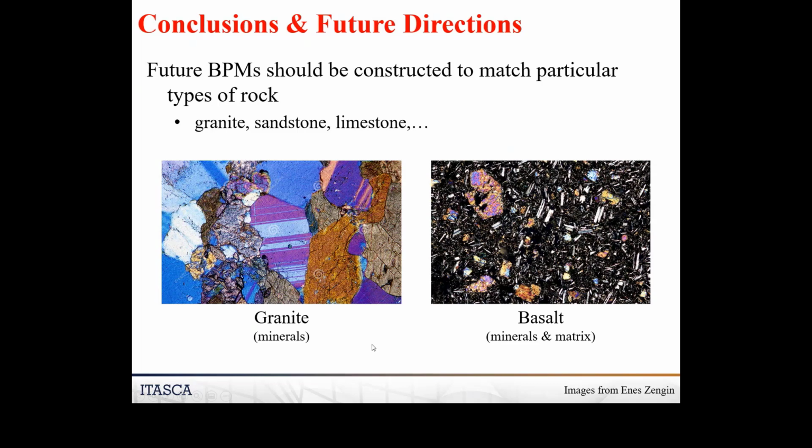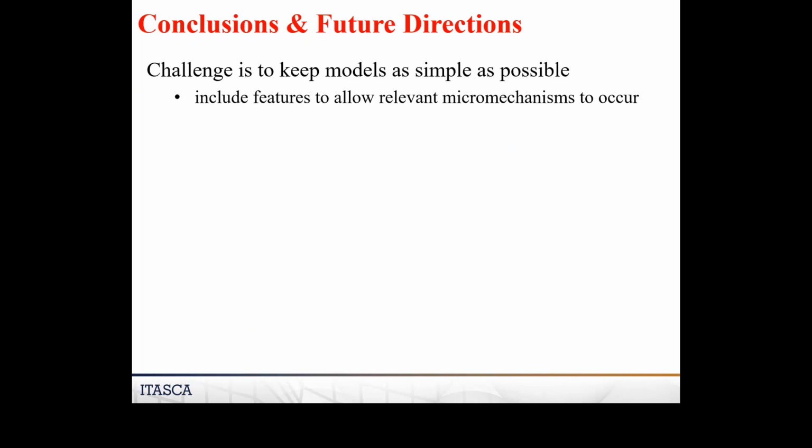Different types of rock, when you start looking at them, have very different microstructures. Here's a granite. Looking closely, it's kind of like grains, and the grains are kind of polyhedral. And then here's the basalt, which is much more complicated, right? We would like to be able to begin to build microstructural models of that. People have begun work in that area.